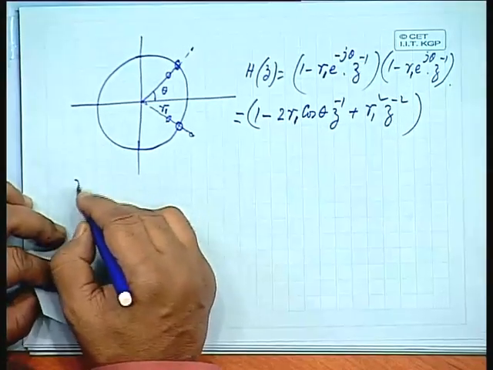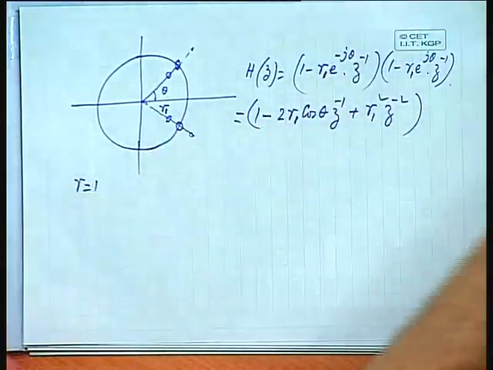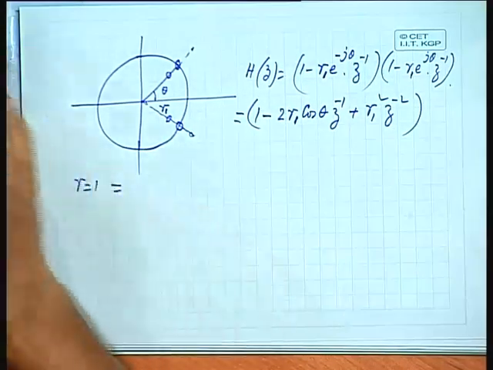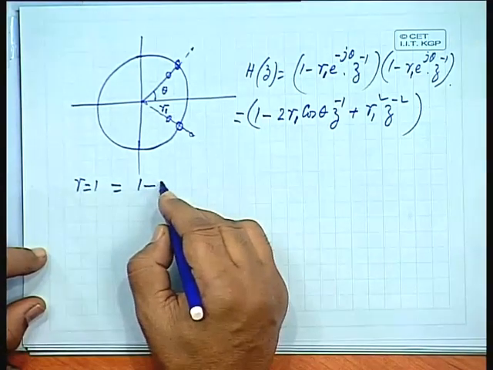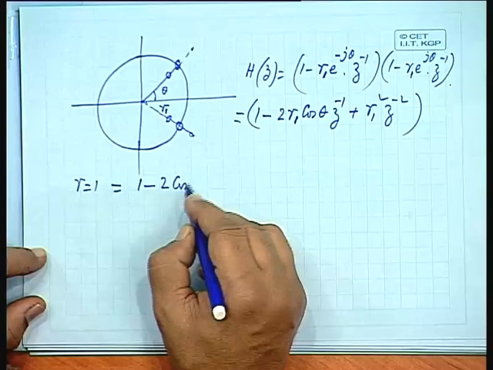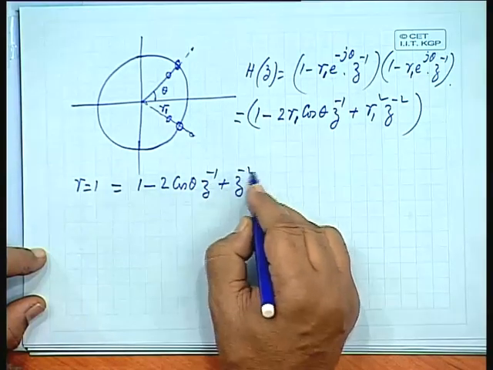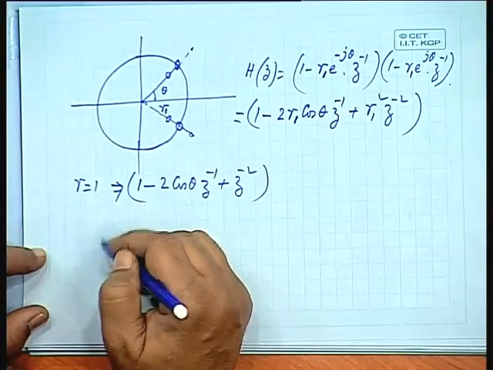Now, suppose r is equal to 1, then you get 1 minus 2 cosine theta z inverse plus z to the power minus 2 as a function. All right.